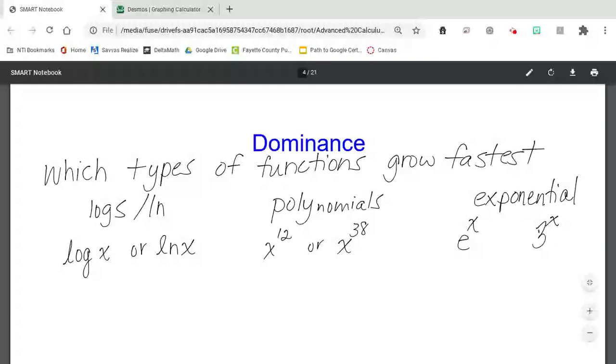So log or natural log, those functions grow the slowest. And then the polynomial functions are a little bit more dominant than the log functions. But then the exponential functions are the ones we call the most dominant, meaning that they grow the fastest.